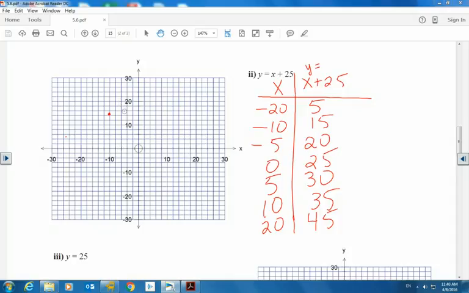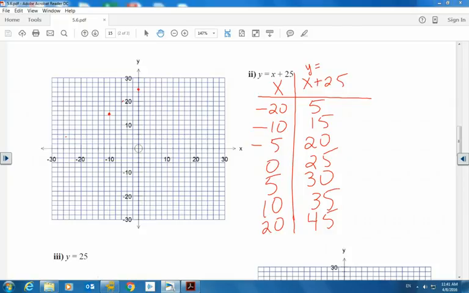So that's somewhere right around here. Okay. And then 0 and 25. So that I think is right there.